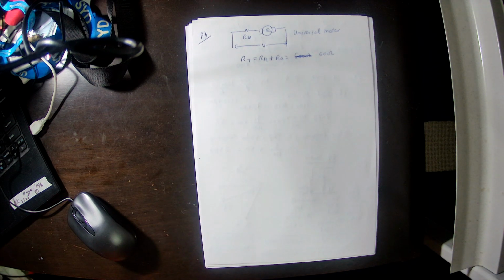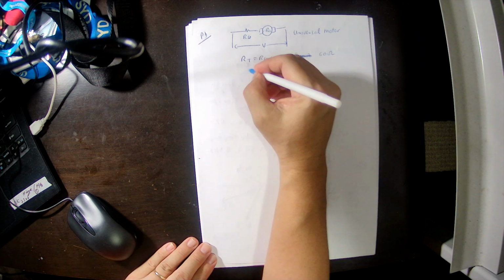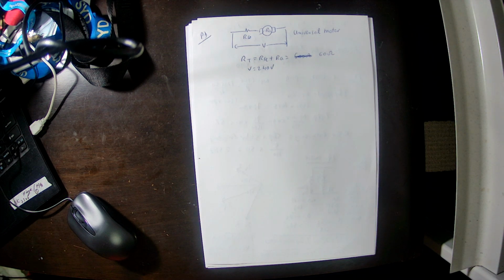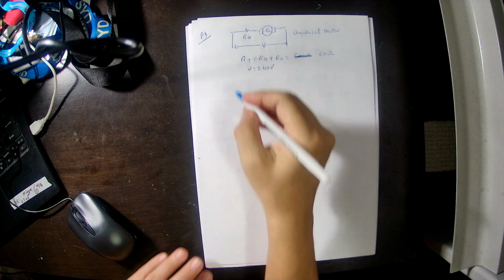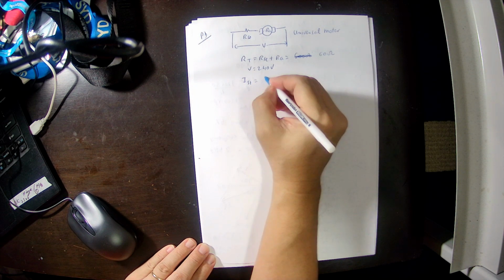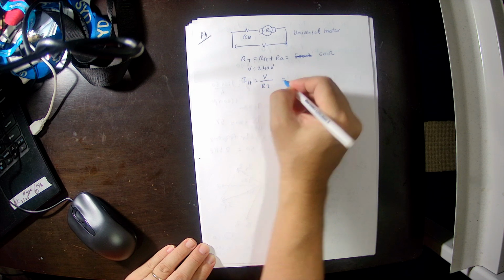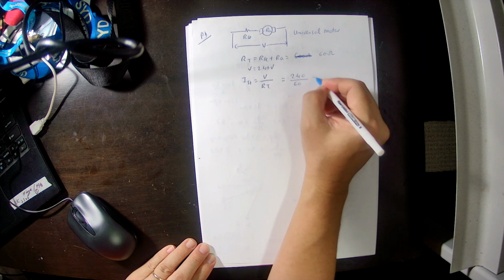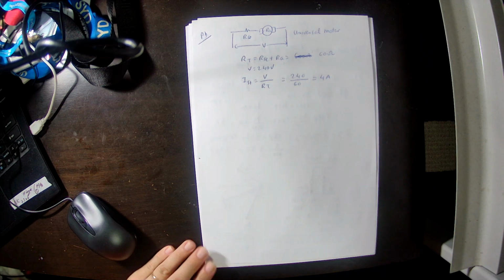And we supply the voltage 240 volt. So we need to calculate the starting current. So starting current is I starting, V divided by R total. Voltage is 240, total resistance is 60, so the starting current becomes 4 ampere.